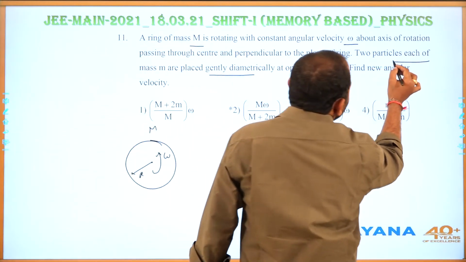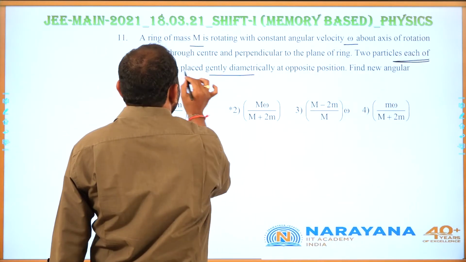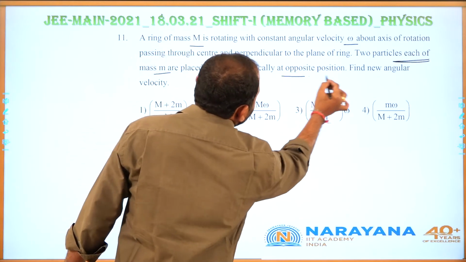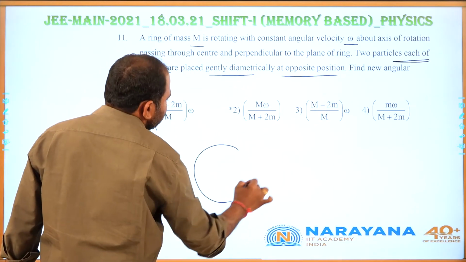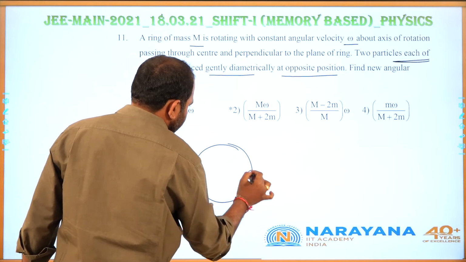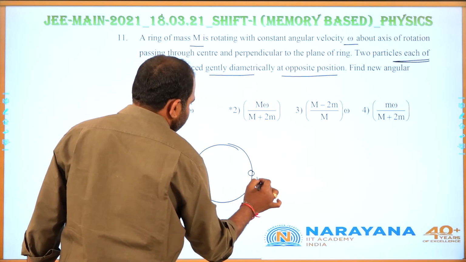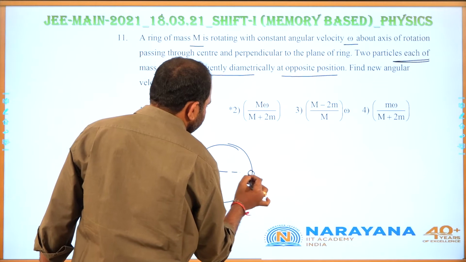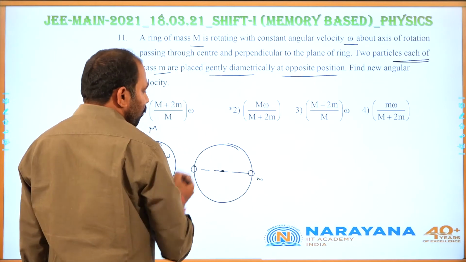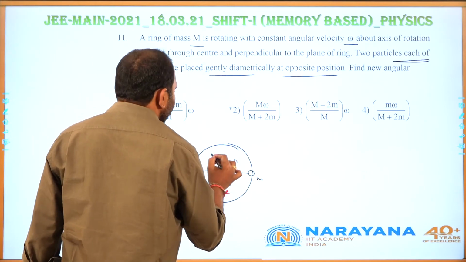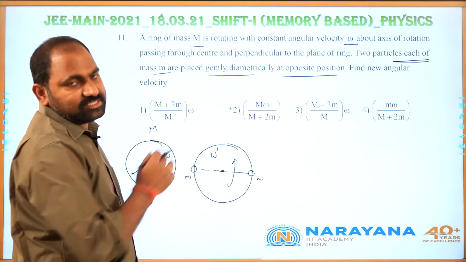After two particles, each of mass small m, are placed gently at diametrically opposite positions, the new situation is like this. Now let us assume omega prime is the new angular velocity of the system.